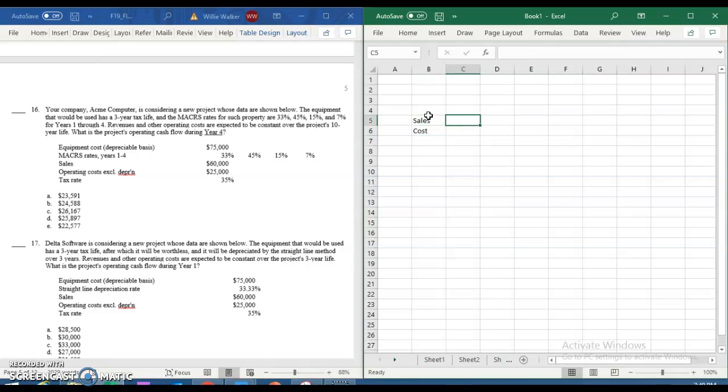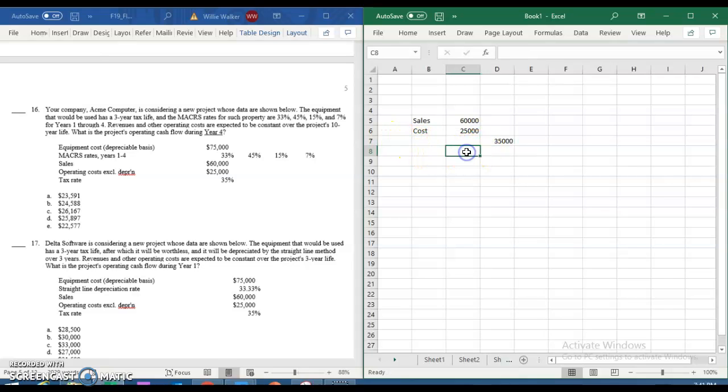So sales, we got 60,000. Cost, we have 25,000. Okay, that's going to leave us with gross income of 35 grand, right? So far, that's what we got, gross income.